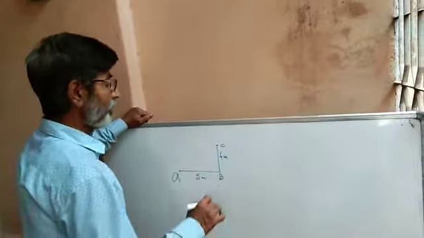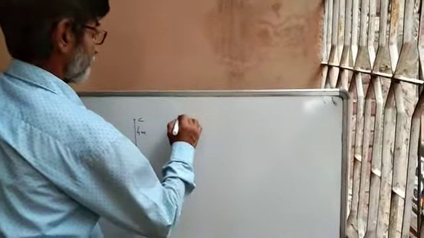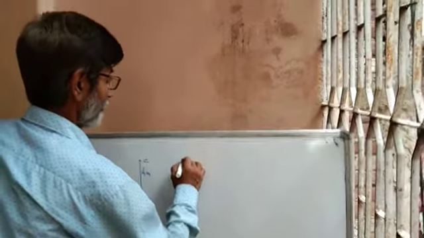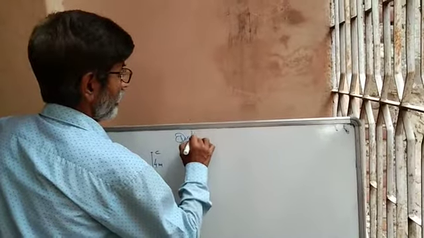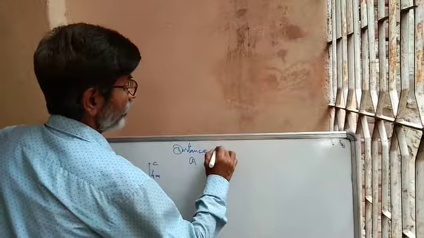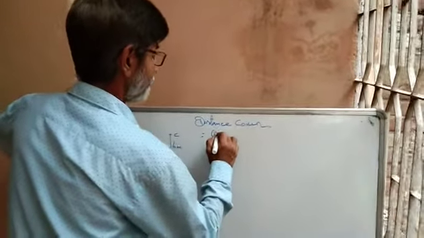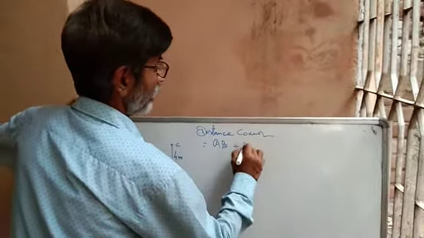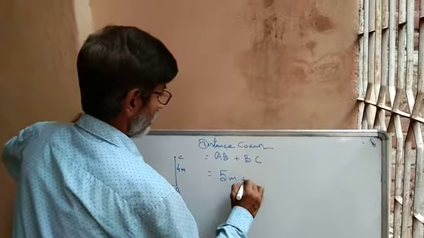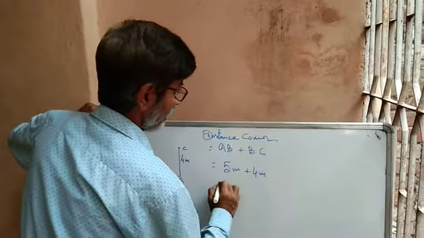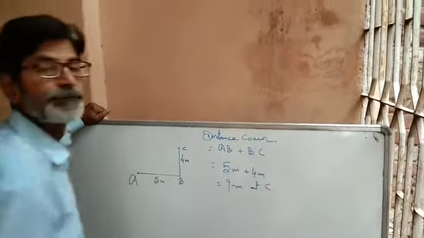Your distance traveled, the distance covered, is equal to AB plus BC, which is equal to 5 meters plus 4 meters, that is 9 meters.